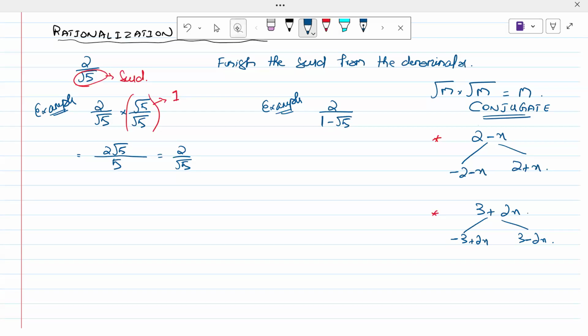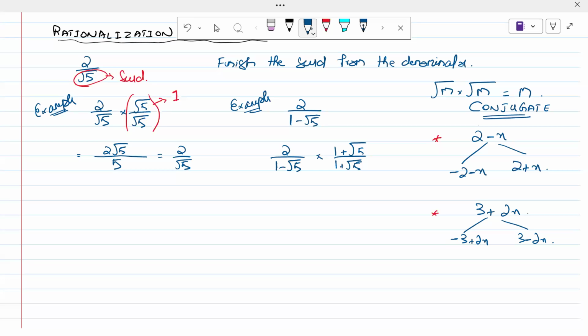So the same is the technique here. We would be multiplying the fraction by its conjugate. For this number 1 minus under root 5, the conjugate would be 1 plus under root 5, and we multiply by it.